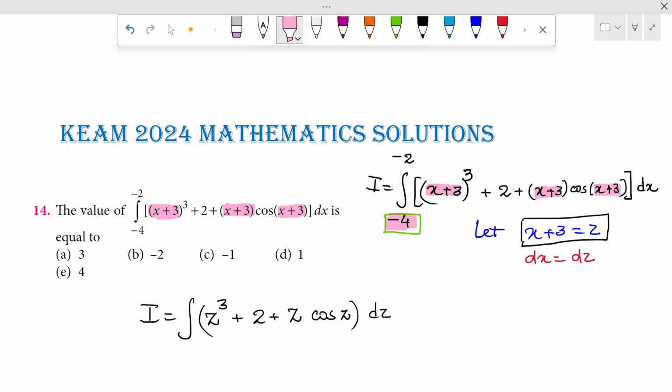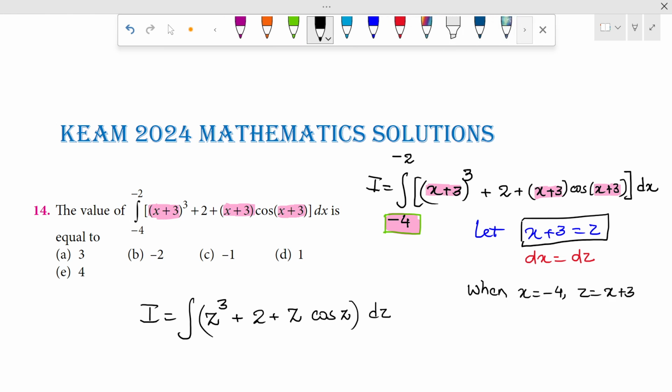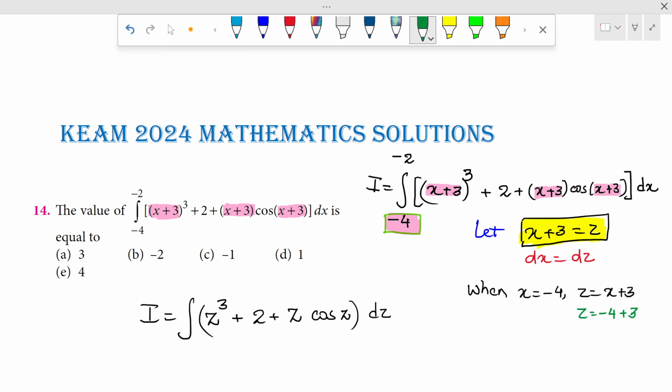Now, can you tell me what should be our lower limit in this case? Look, when x is equal to minus 4, can we find the value of z? z is x plus 3, so if we put minus 4 over here, z equals minus 4 plus 3, which is minus 1.